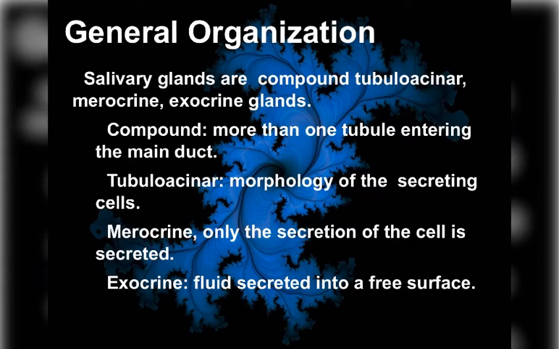Merocrine means only the secretions of the cell are secreted. So the cell doesn't lose anything except the secreted material. Other terms related to other glands include apocrine, like in mammary glands, where the secretory cells lose some part of the plasma membrane alongside the secretions.